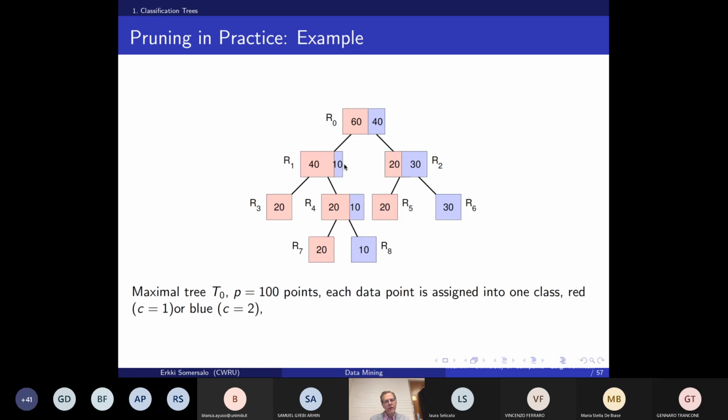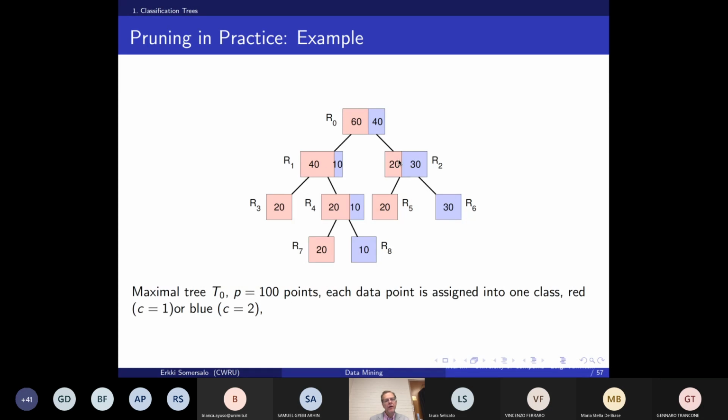So 50 points went to the left offspring, and 50 went to the right offspring. And so in the left offspring, 40 of the data points are in class 1 and 10 are in class 2, whereas in the right offspring, 20 of the points are in class 1 and 30 are in class 2.